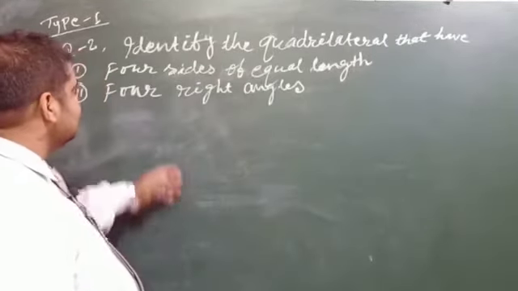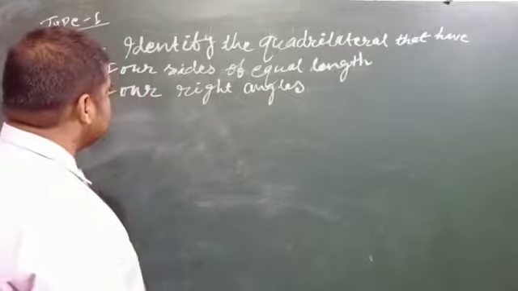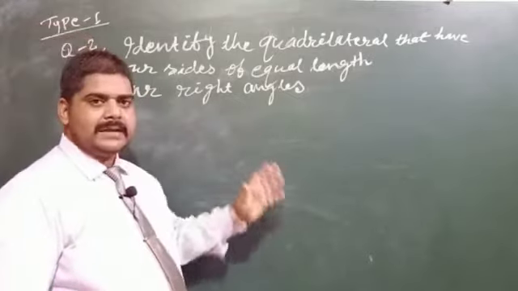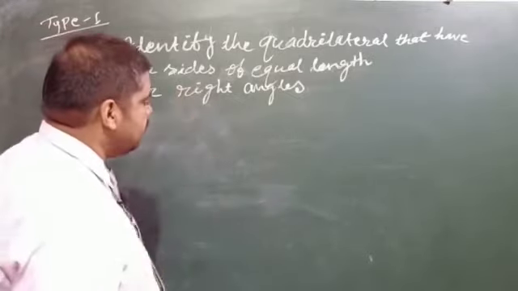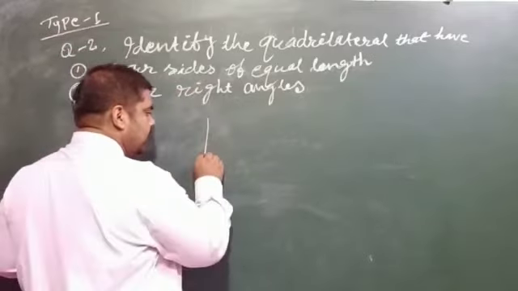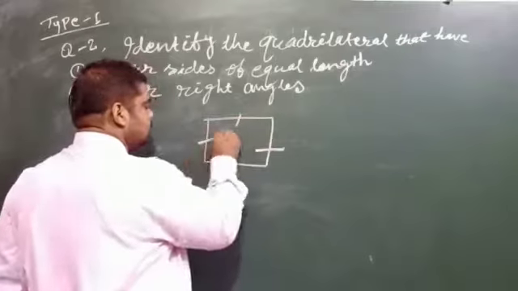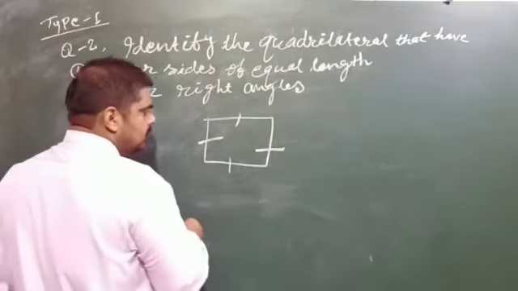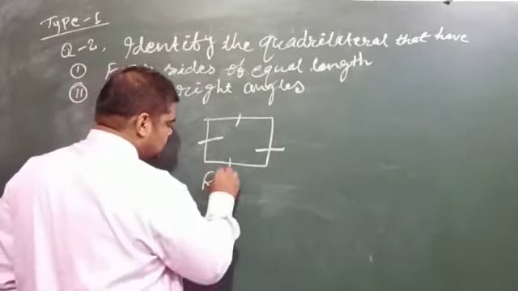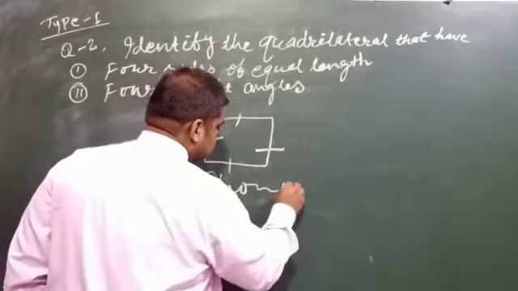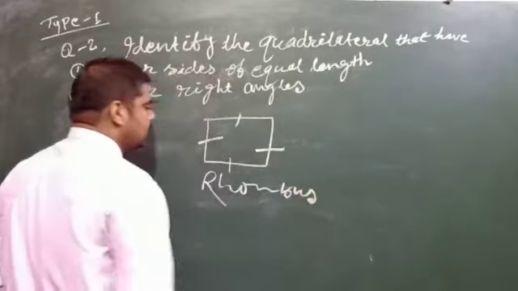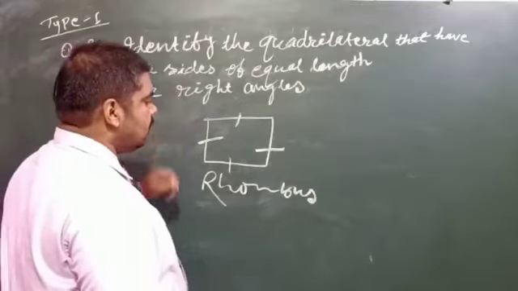My dear student, in this question it has been given to identify the quadrilateral that has four sides of equal length, and you know that any quadrilateral whose all four sides are equal is known as a rhombus. So the answer of the first question is rhombus.